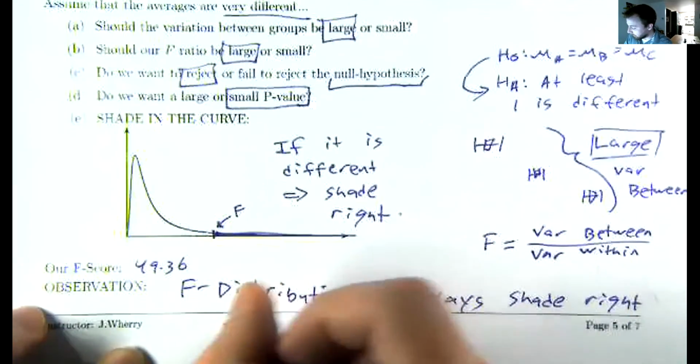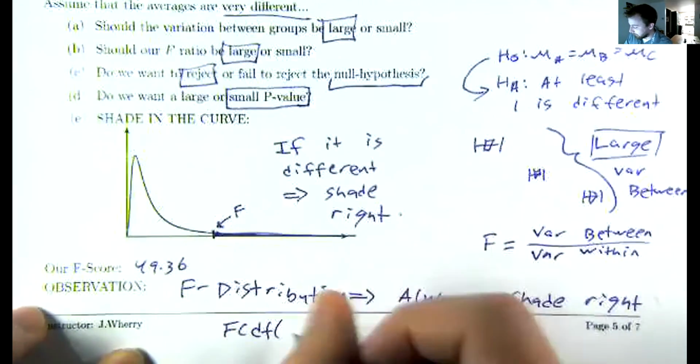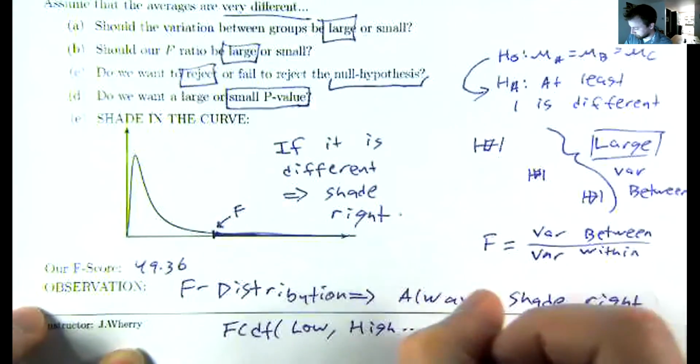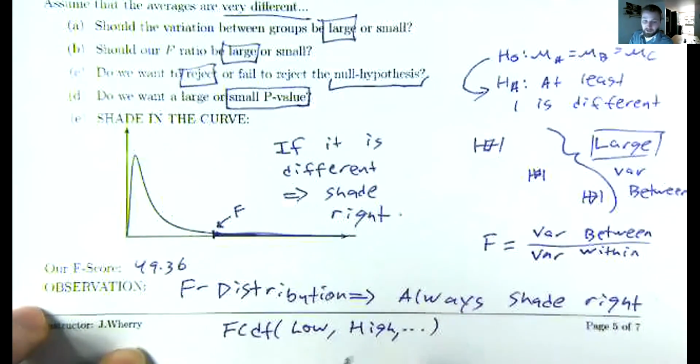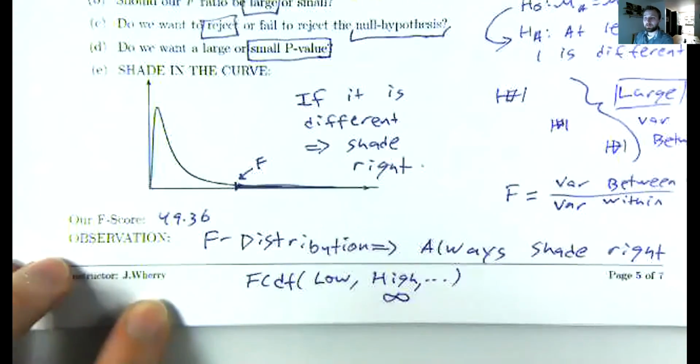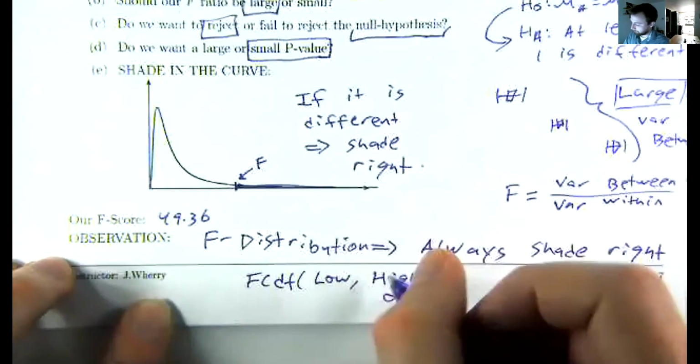So when I do this FCDF business, and I have my low comma my high, the high value is always going to be infinity. It's going to be a right-tailed test.